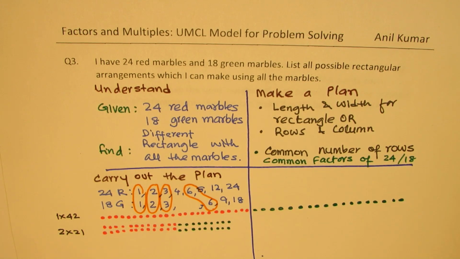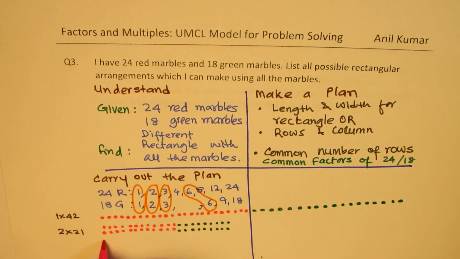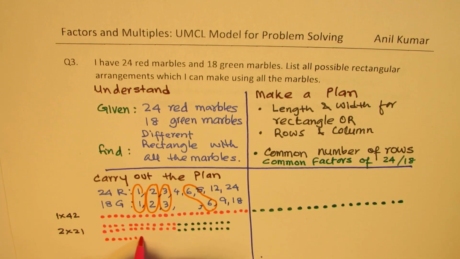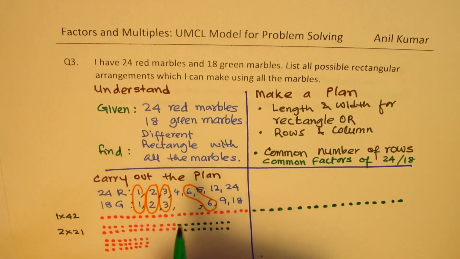Now with 3, if I divide this by 3, we get 8, right? So we'll make 3 rows of 8 each to place our red marbles. Does it make sense to you? Right. And 6 of green, right?